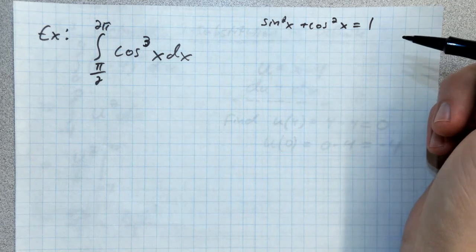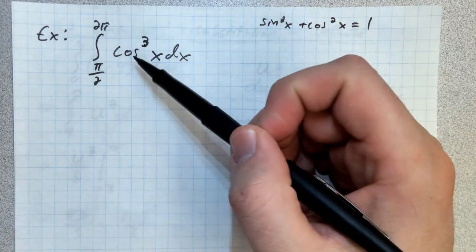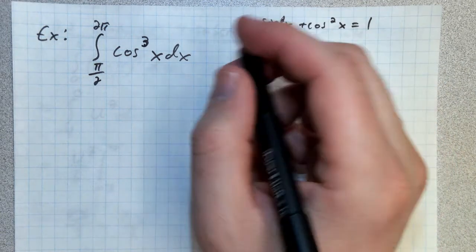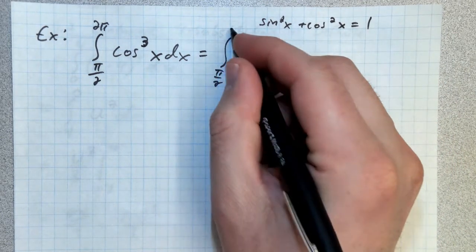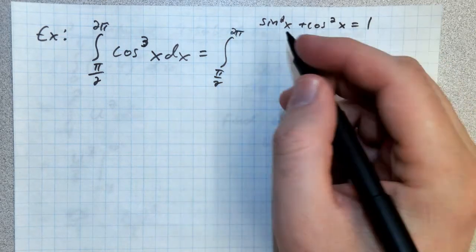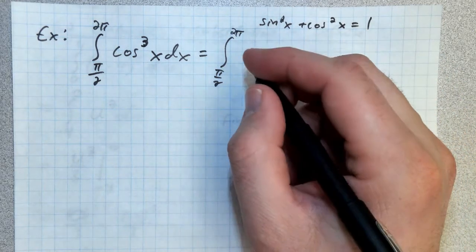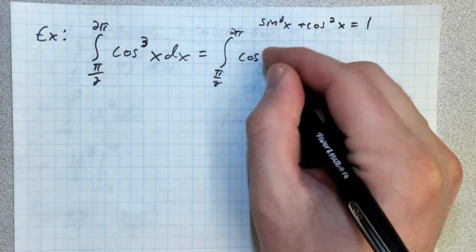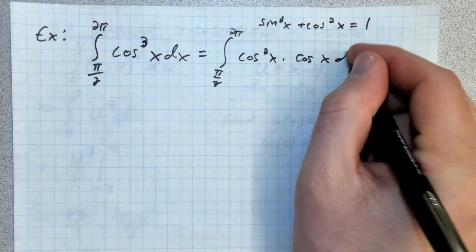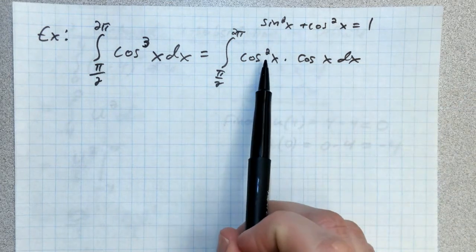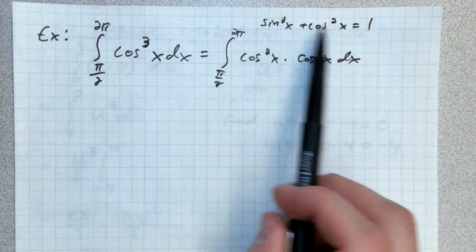All right. So in place of cosine squared, in fact, I'm going to write this out explicitly. So we're going to change this. So this will be pi over 2 to 2 pi. We're not changing anything fundamentally in the integrand yet. This will be cosine squared times cosine x dx. All right, so then in place of cosine squared, I'm going to put 1 minus sine squared.